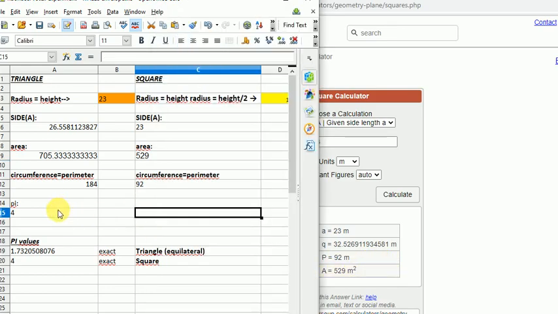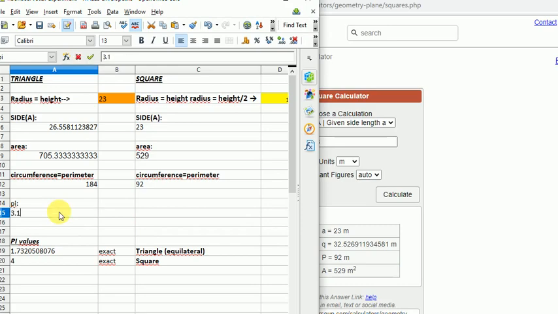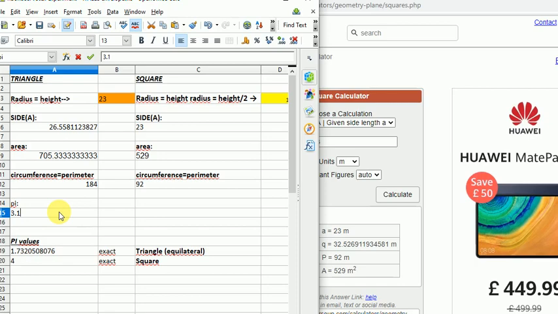For 4. But for any other value, it doesn't work. So it doesn't work, right?